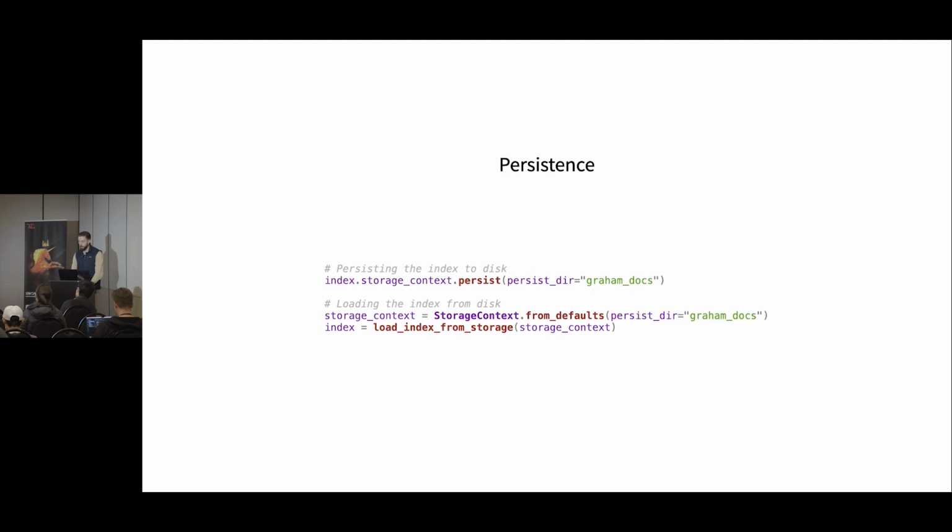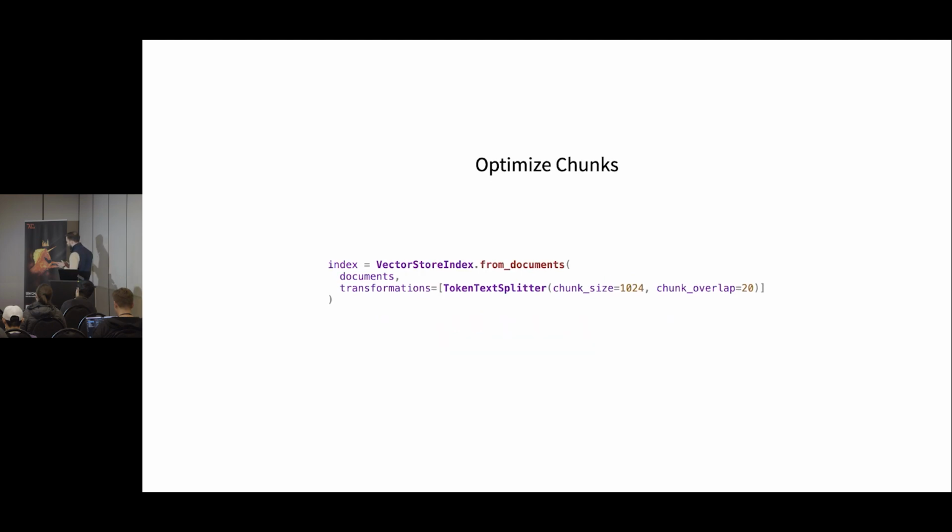Then the next step we could do is, we don't want the whole document in one piece, right? If we send the whole document to the large language model, first of all, it's going to be slow. And second of all, it's going to be quite expensive because we're going to use a lot of tokens. So we want to split the text into smaller chunks, smaller nodes.